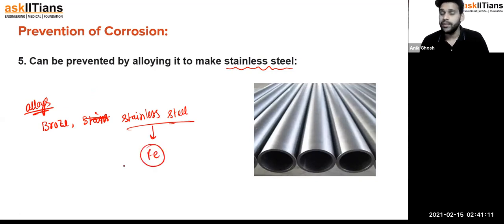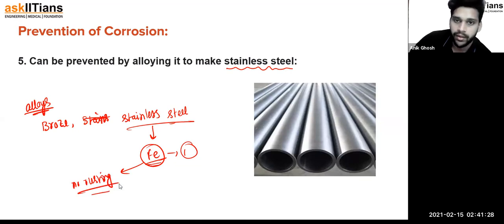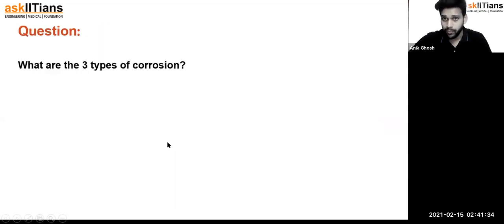Iron with chromium and different types of metals, like nickel and chromium. When they mix with iron, it is not pure iron anymore, so there would be no rusting. So that was all about the formation of alloys and how to prevent rusting by making alloys.